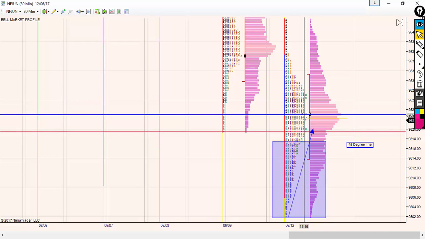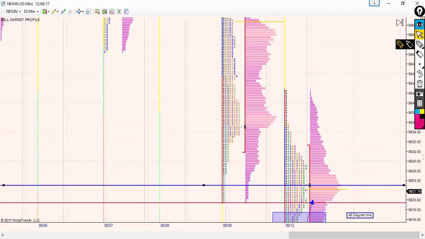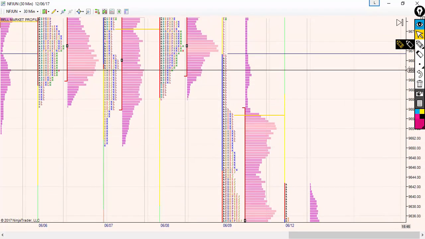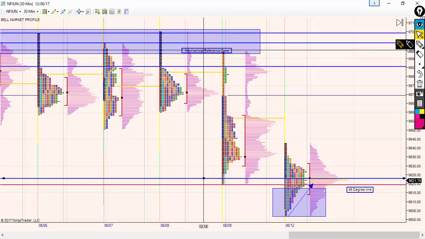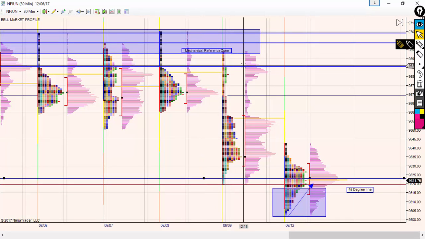There was a prominent walk around 9620, and we are talking about a couple of mechanical reference levels on the top, in the previous session: around 9685, 9698 and 9705.